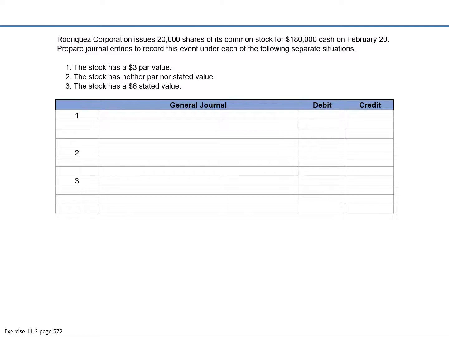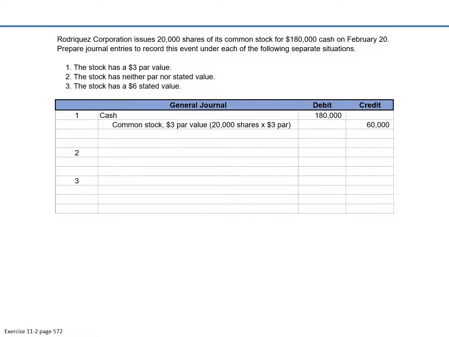So if they issue 20,000 shares for $180,000 cash on February 20th, we would record a debit to cash for the amount of cash received, $180,000. A credit to common stock for the par value, so that'd be your 20,000 shares times $3 par.